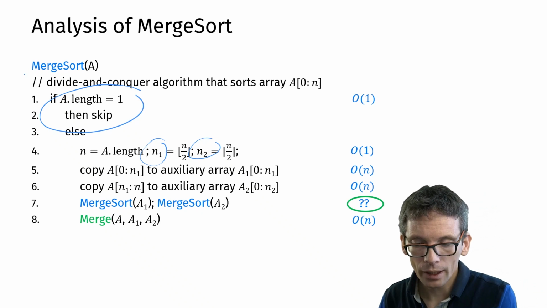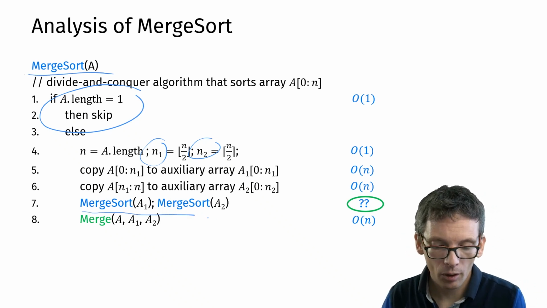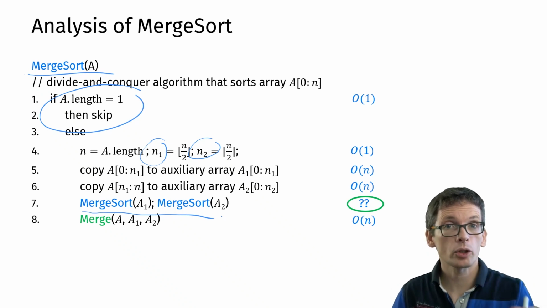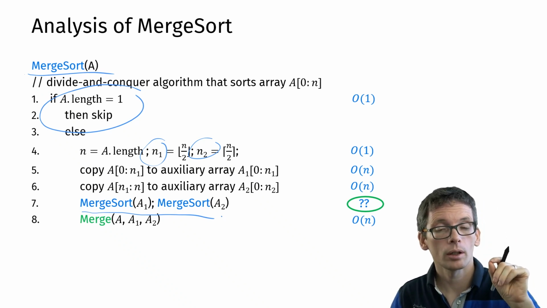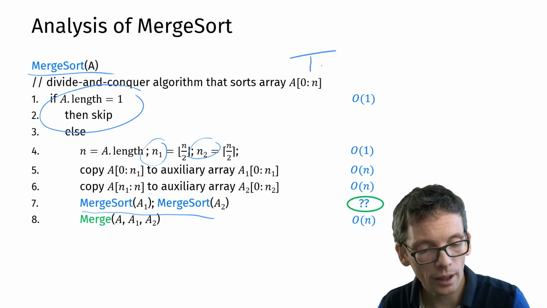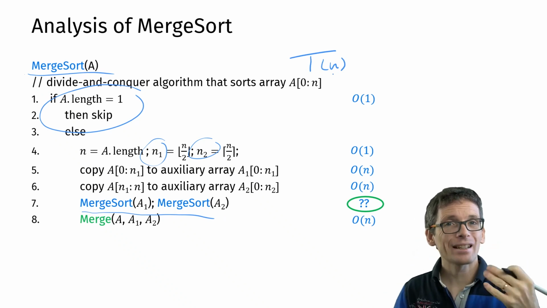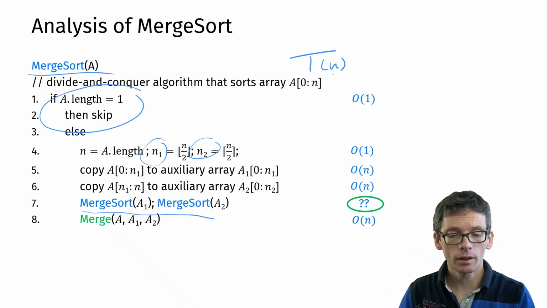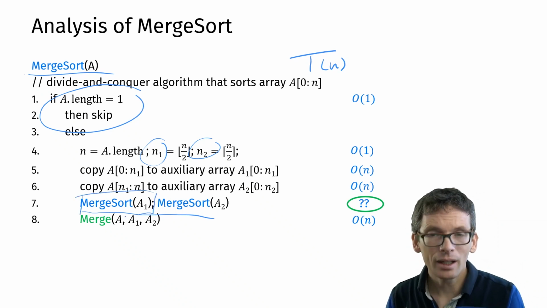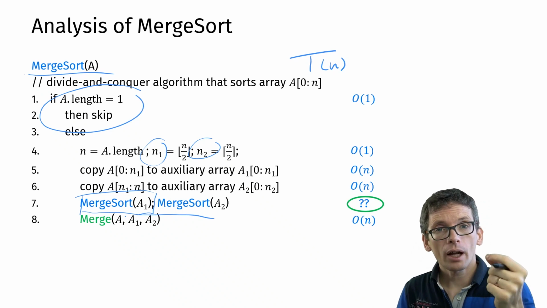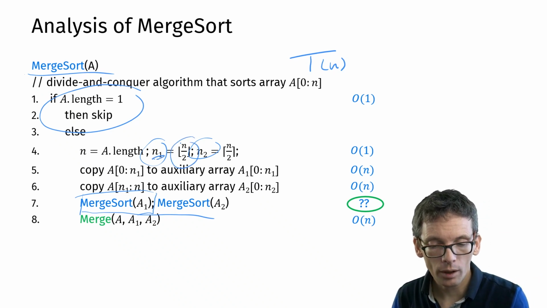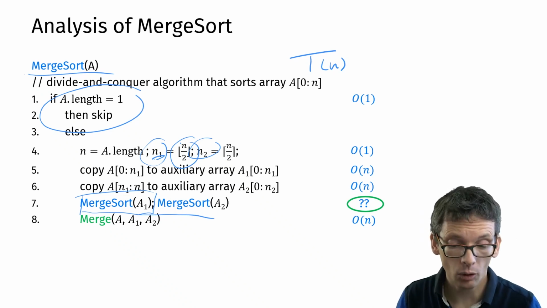We want to analyze the running time of MergeSort, but as part of that running time we get the running time of MergeSort on smaller inputs. Because if we write the running time of MergeSort for n numbers as t of n, then in MergeSort A1 we're calling the algorithm not on n elements, but on n1 elements, and n1 was n half rounded down.